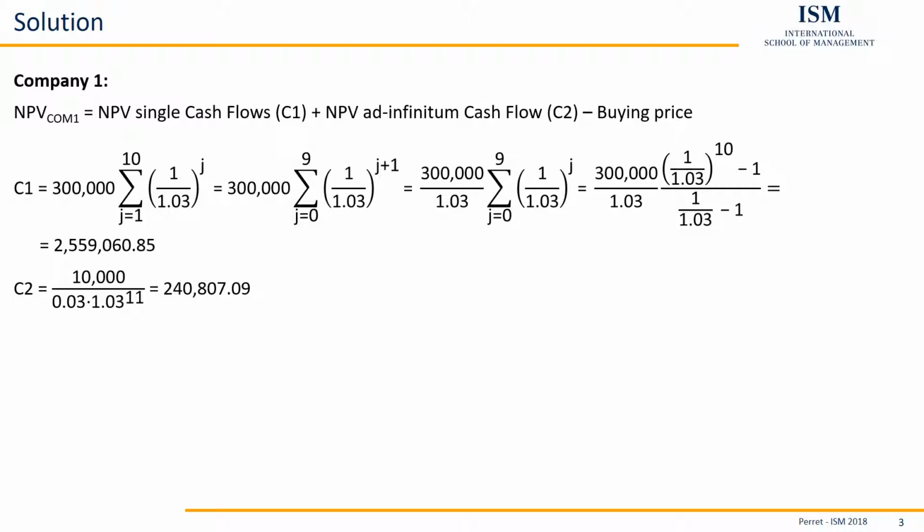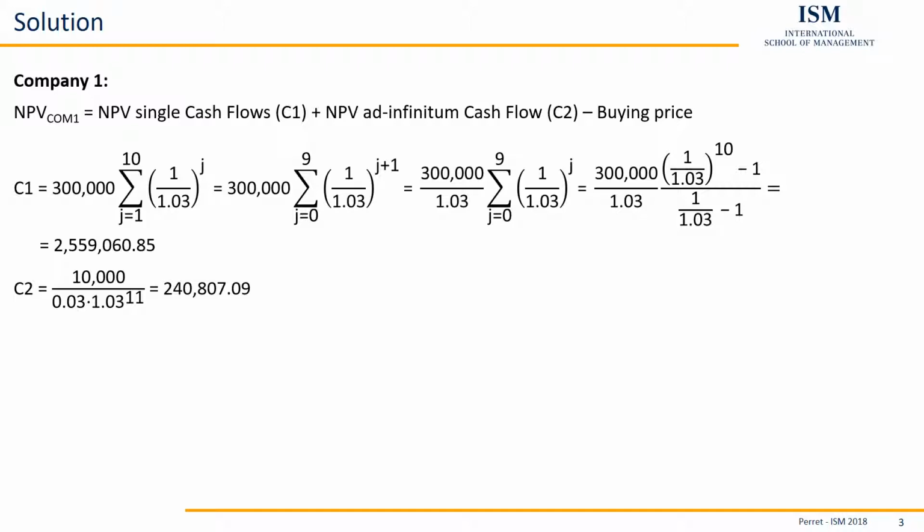Here I just wrote both of them below the fraction line, because if I have a double fraction, I can also do it this way. So if I divide the 10,000 first by the interest rate, then by the discount factor, this gives me the net present value of this cash flow, and this in this context amounts to 240,807.09.